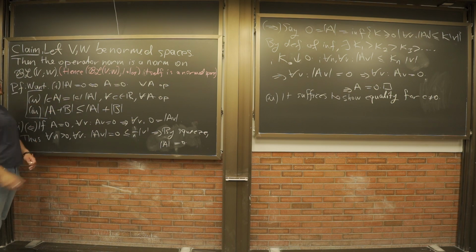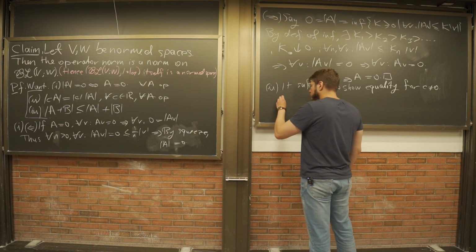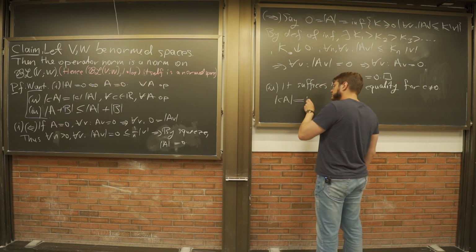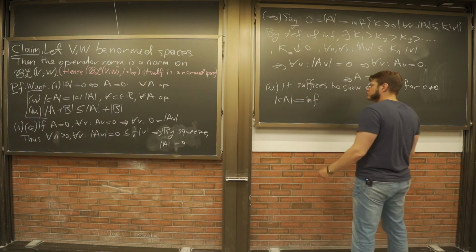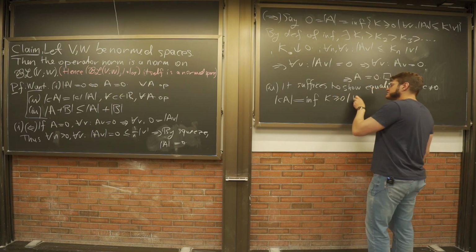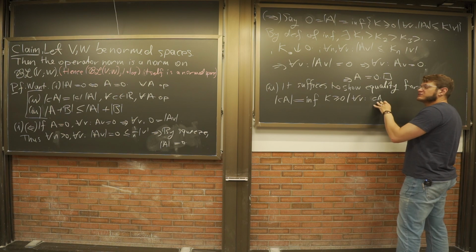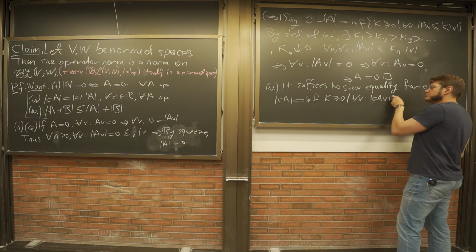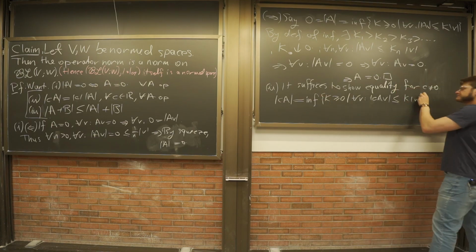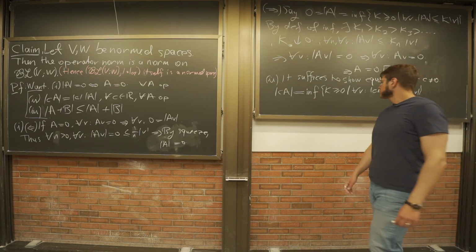Let's say that I'm trying to upper bound this. And so the left-hand side is by definition the inf over k such that for any v, CA, this was my operator, so I need to apply this, CAv in norm is bounded from above by k times the norm of v.